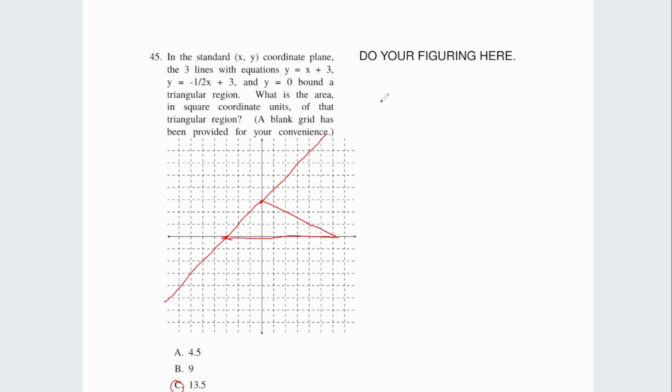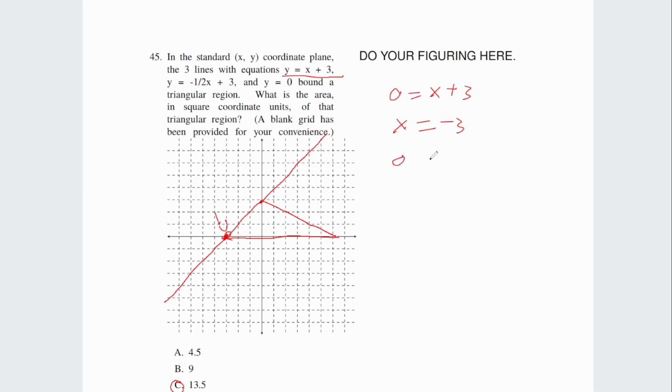So if 0 equals x plus 3, then x equals minus 3, right? y equals x plus 3, 0 equals x plus 3, then x is going to equal negative 3, which is what we see right here.